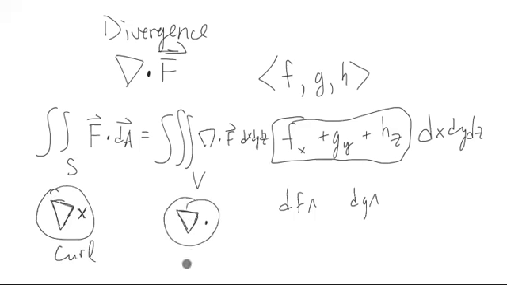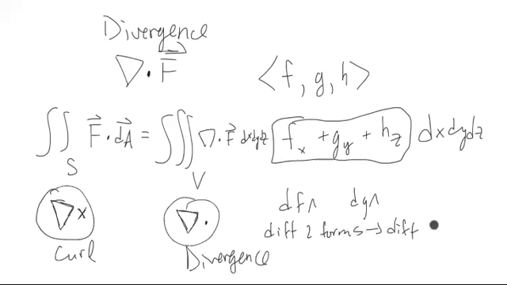This one's called the divergence, but it's really the same thing being done. This takes us from differential 2-forms to differential 3-forms. This one takes us from differential 1-forms to differential 2-forms.